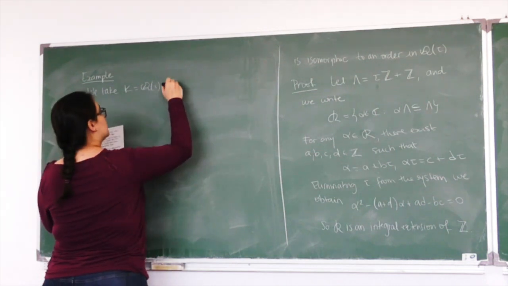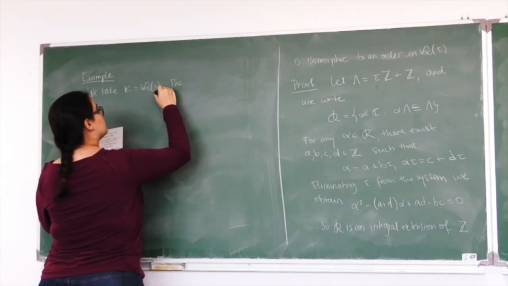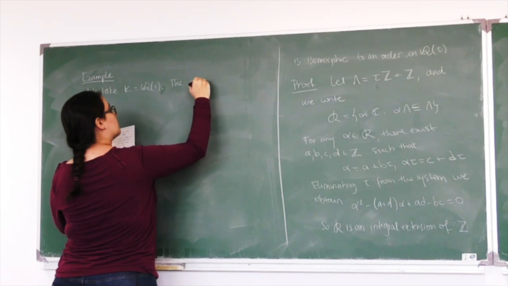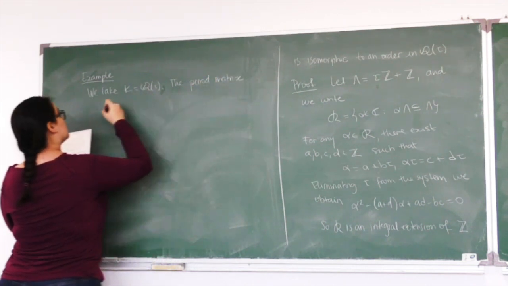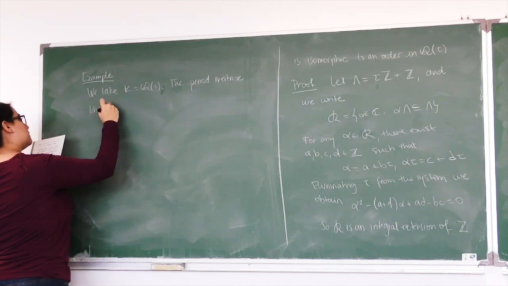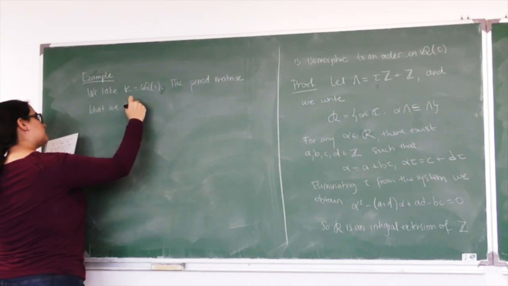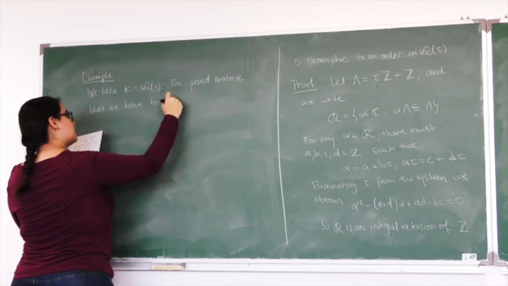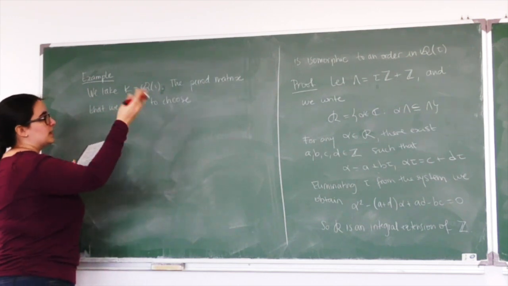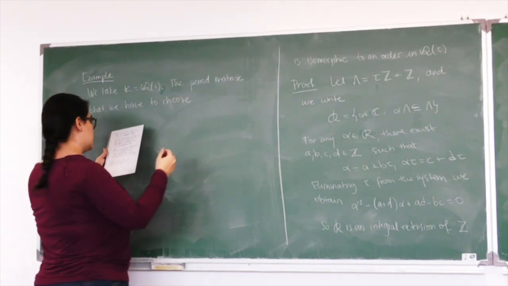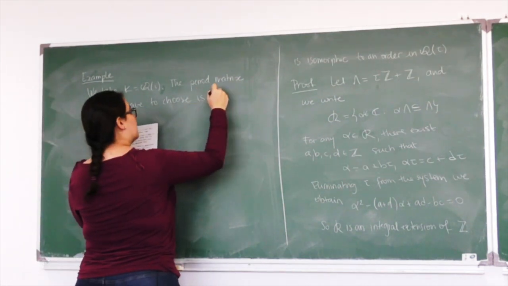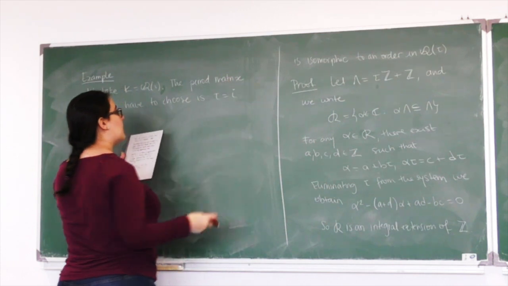The period matrix that we have to choose, for this we look at the table. D in this case is 1, so we just take tau equal i.